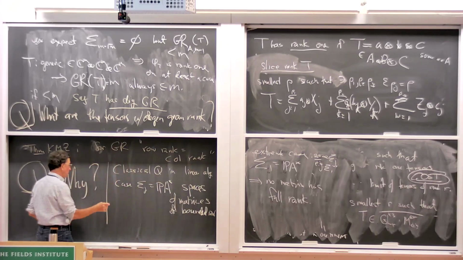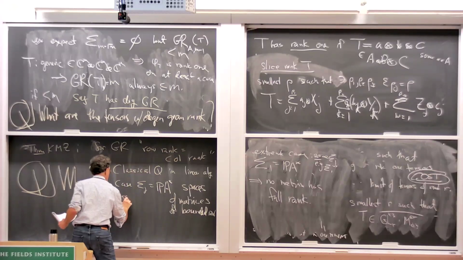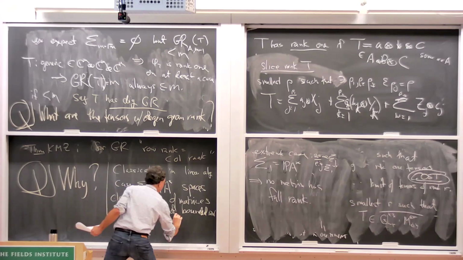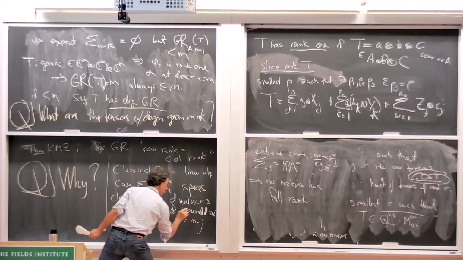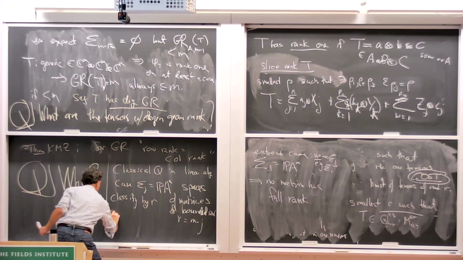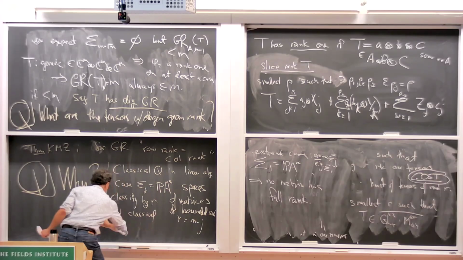Just to give you an idea, let's classify by, say, r, which will be m minus j. Classify by r. So r equals 1 is classical. And then r less than or equal to 3.